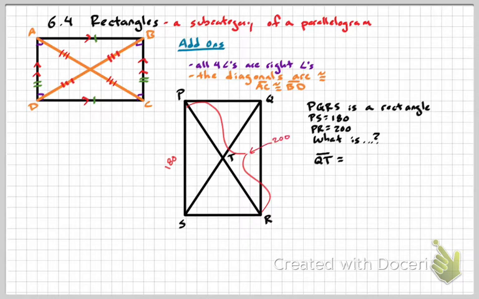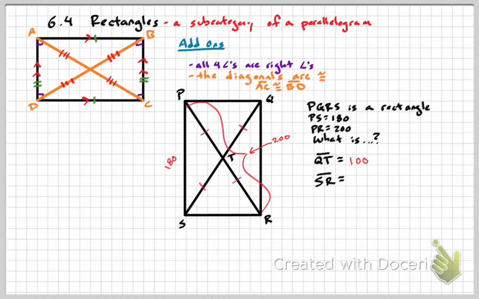So then, remember, diagonals are congruent, so that means all of these diagonal pieces right here are congruent. So if PR is 200, then PT and TR are each 100. Well, if those are each 100, then QT is 100 as well.